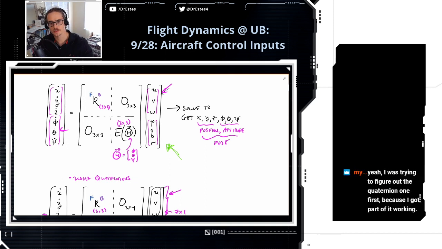Yeah, I was trying to figure out the quaternion one first because I got part of it working.